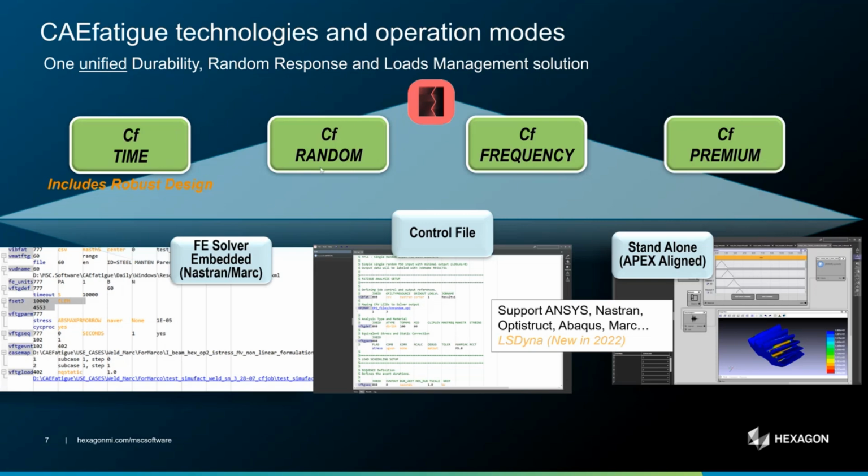We have a random capability that addresses random response in a very advanced manner. And this might not necessarily require fatigue analysis, because if random is all you want to do, we have essentially random response that is superior to both Nastran random, for example, and also Patran random, which is another familiar tool for people familiar with the Hexagon tools.